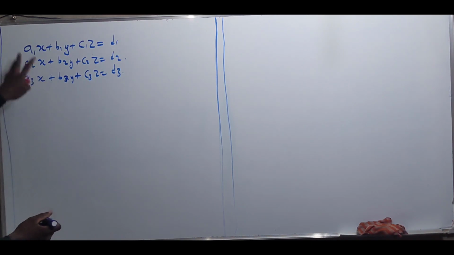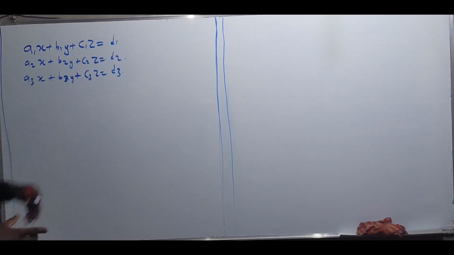So this is the system of equations. Now basically I want to find the values of x, y, z.